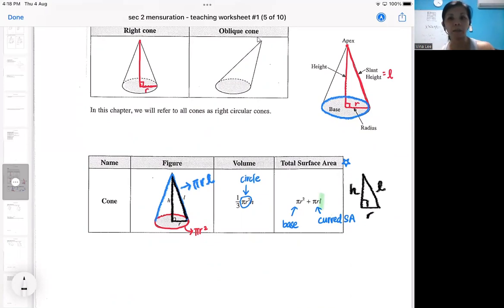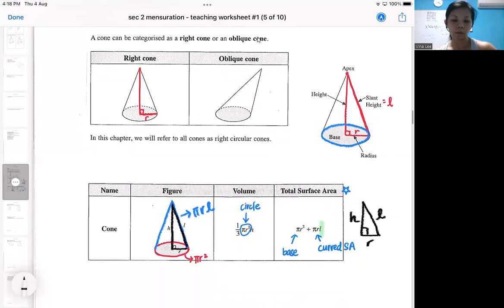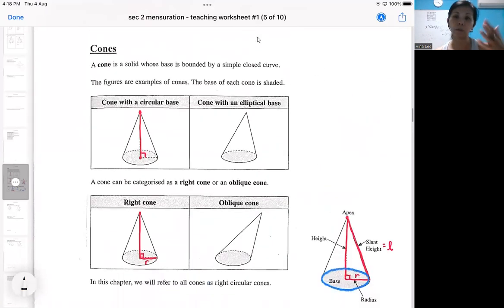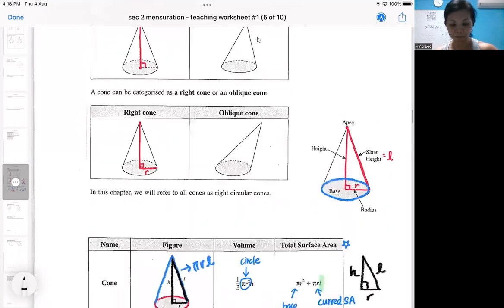So l may or may not be given to you. If it's not given to you, you've got to find it by Pythagoras theorem. So that is the introduction to the cone, with the idea that it is part of the pyramid family.